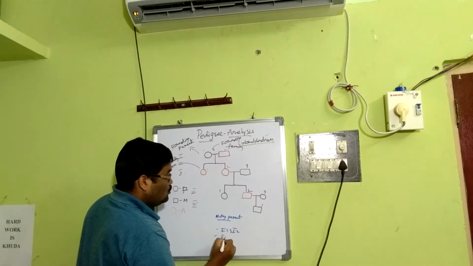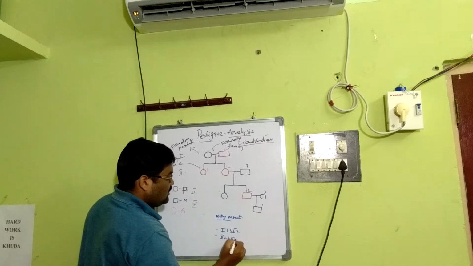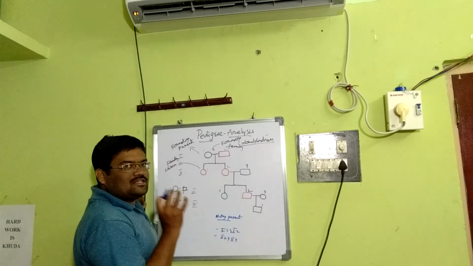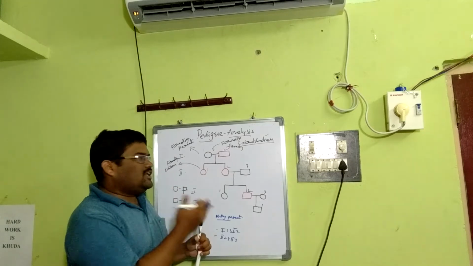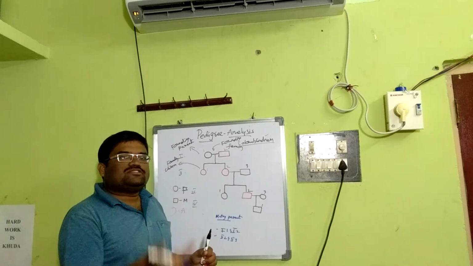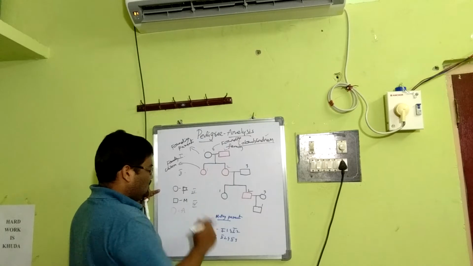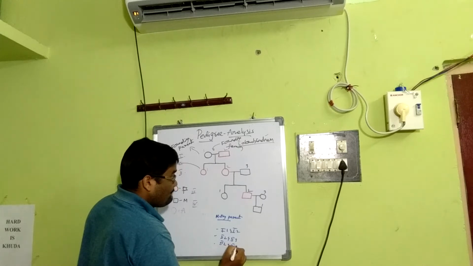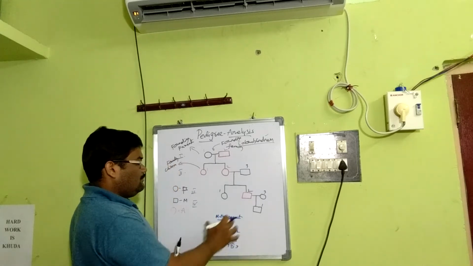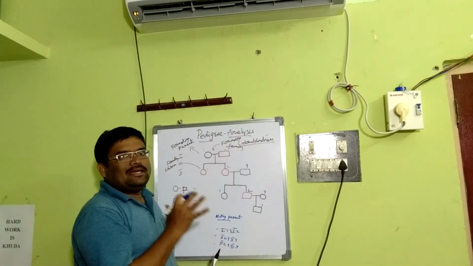The Roman numerals represent the generation, like I, II, III, IV, and the digits 1, 2, 3 represent the members within the generation. Then in the third generation we have III-2 and III-3. So this is how we represent a particular pedigree structure.